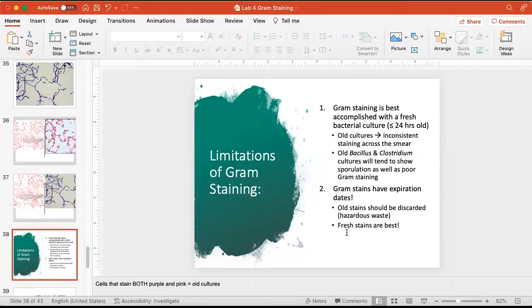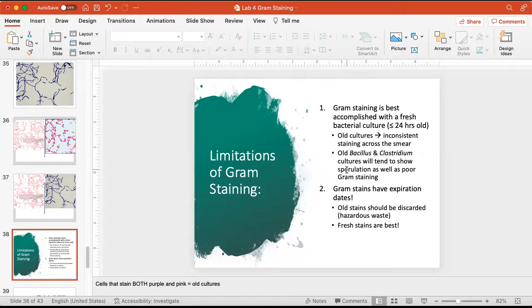Now, if the organism growing in my culture happens to be a Bacillus or a Clostridium, if I've got an old culture of a Bacillus or Clostridium organism, not only is it going to stain inconsistently, but I'm probably going to start to see sporulation occurring.